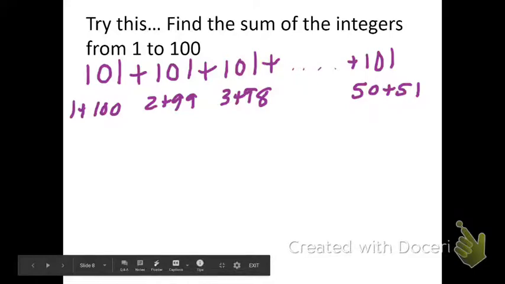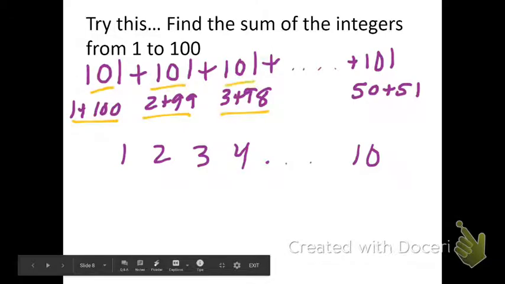Okay, so in the last video we left off finding the sum from 1 to 100. If you think of all 100 integers, what we did is we paired up the first and the last, so 1 plus 100 to get 101, and then the second to last, and the third to the third to last, all the way till we got to the 50th and 51st numbers and added those together.